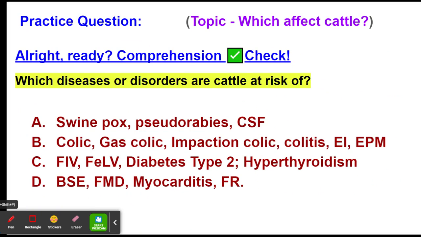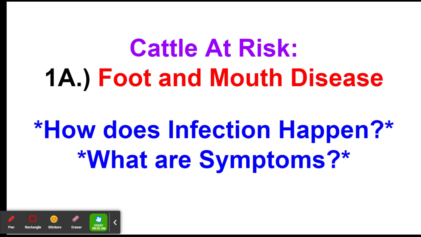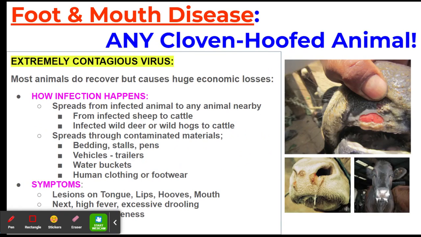All right, ready? Comprehension check. Which diseases or disorders are cattle at risk of? Cattle are at risk of the disease foot and mouth disease. How does this infection happen? What are the symptoms? Foot and mouth disease. This disease affects any cloven-hoofed animal.